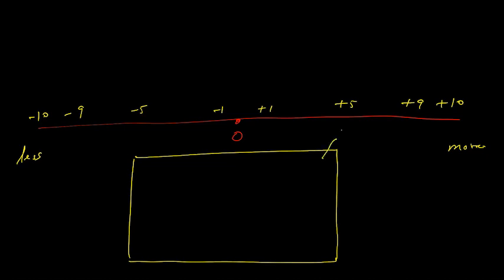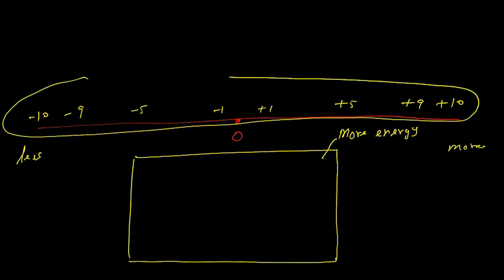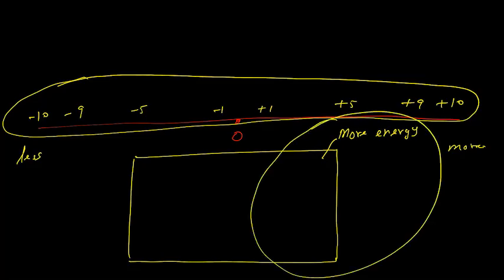So here more energy will be released. Don't get confused. That's why I have drawn this line. Don't get confused with these values, because here we are talking about their magnitude. The sign represents only the direction of energy, not the magnitude.